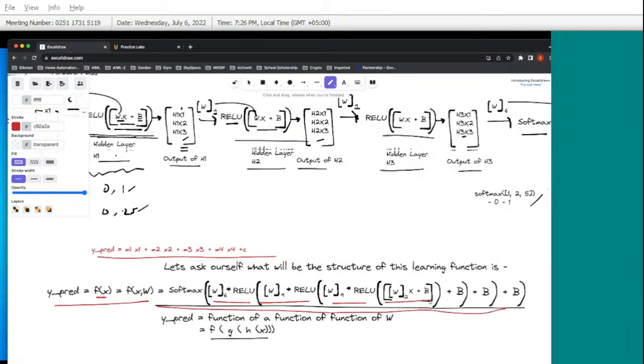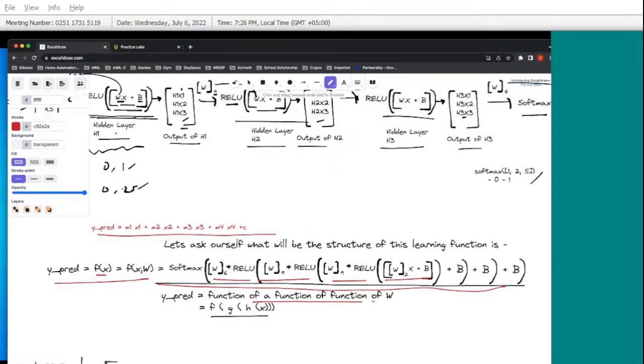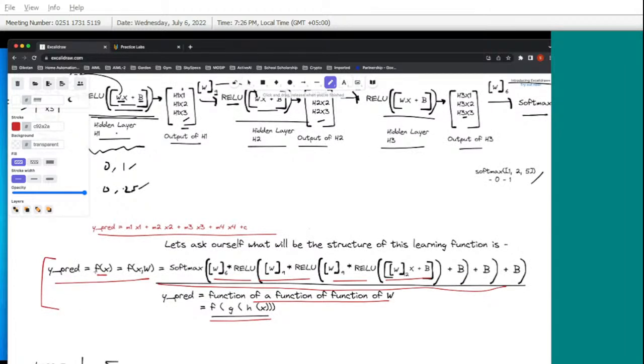It is nothing but a function of a function of a function of a function. If you have to express all of them in one function, internally that is what happens. A neural network is generally represented like this. It's basically a function of a function of a function of some value.